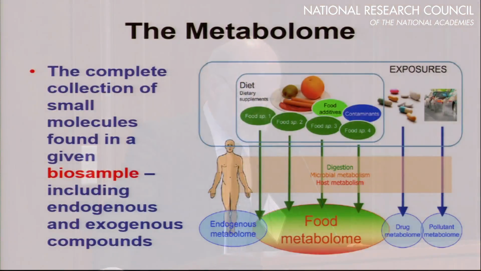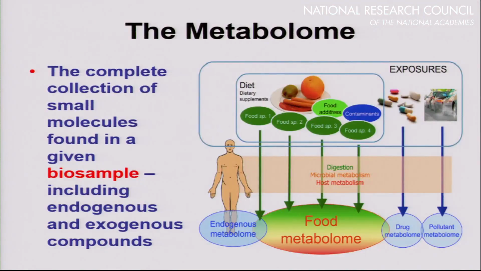So we've heard a couple of definitions of the metabolome. Again, it's really just the collection of small molecules found in a biosample. And typically it includes both endogenous and exogenous compounds. And the fact that it includes exogenous compounds makes it relevant to the exposome. So this is a picture that Augustin Scalbert has drawn and illustrated, and Stephen has mentioned Augustin a few times. The point is that what we have in our metabolome, there's both an endogenous one, the things that our bodies create, assemble.